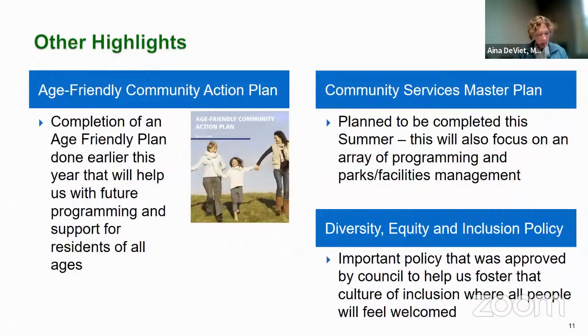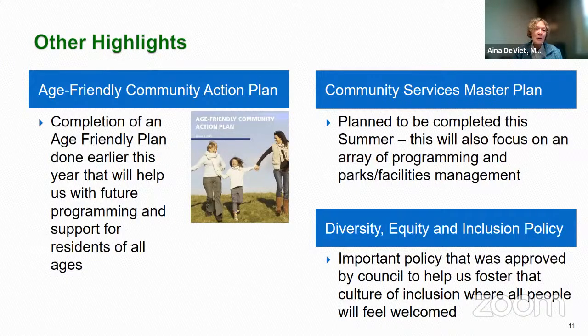And I'm going to start with the age-friendly community action plan. Through the development of this plan, the ultimate goal is to help guide the municipality in becoming a community that is supportive of an active, healthy, engaged lifestyle for people who are perhaps over the age of 55, or those who have certain disabilities.